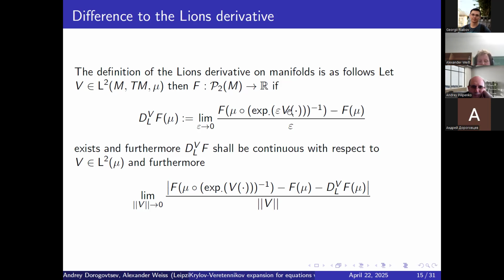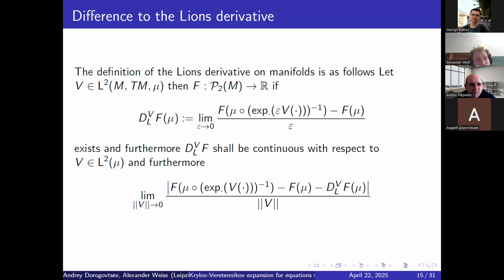All we need is a function which maps from M to our tangent bundle. So it doesn't have to be smooth. And it doesn't even have to be defined everywhere. It can be defined mu almost everywhere because we only look at the push forward in the definition. Does that answer your question?